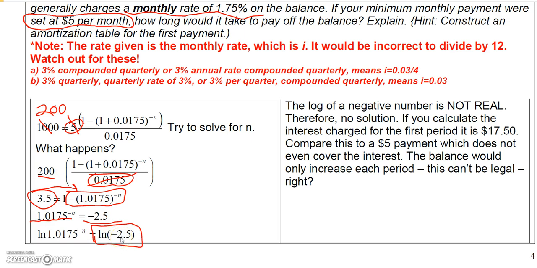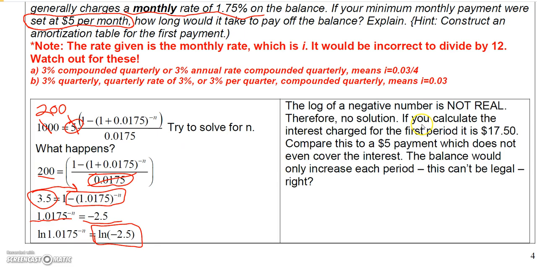Your calculator is either going to tell you that that number does not exist, or if it does give you a value, it's going to give you an imaginary number. So the natural log of negative 2.5 is actually not a real number. It's an imaginary number. So therefore, the only way that you could ever pay this debt off by paying $5 a month is in your dreams.